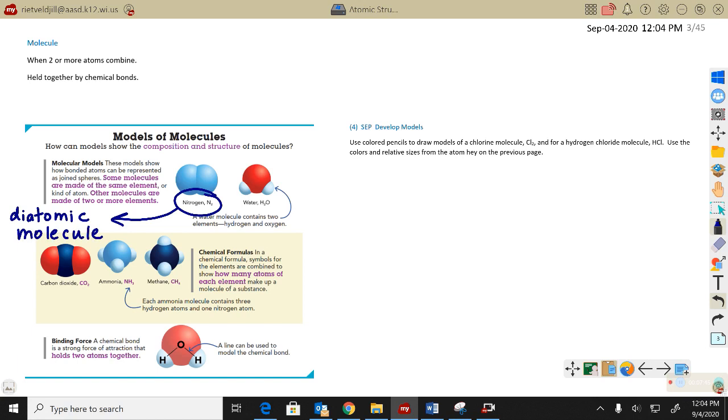We might use diatomic. Di meaning two, and then atomic referring to atoms, and more specifically, two atoms of the same element, like nitrogen. Another example would be like H2, hydrogen, O2, oxygen.